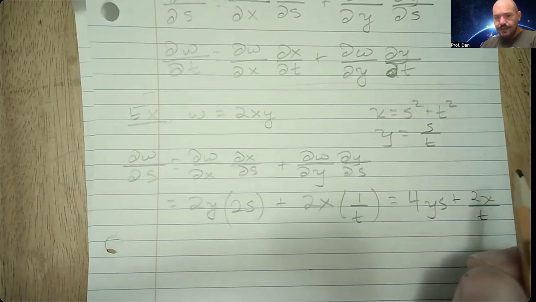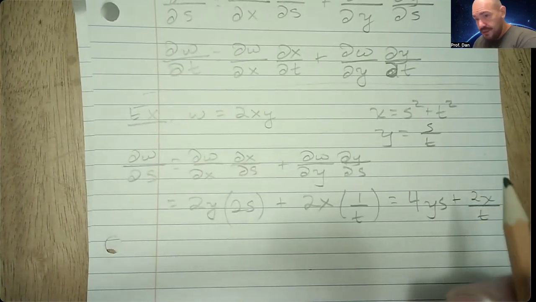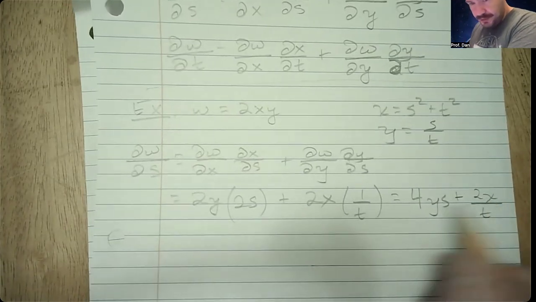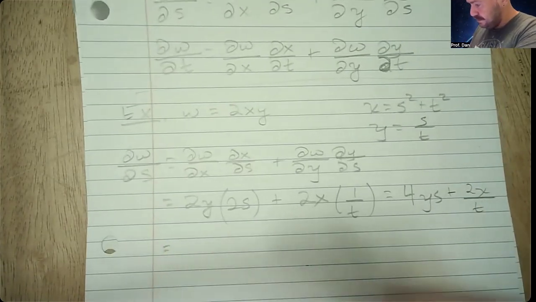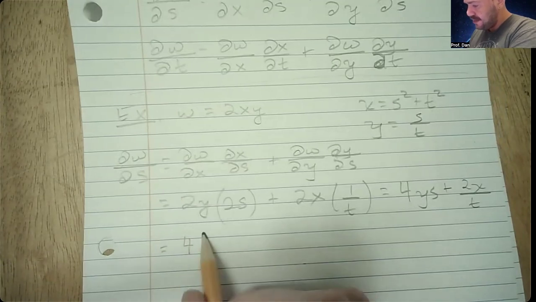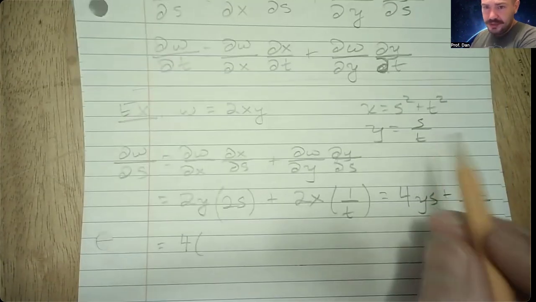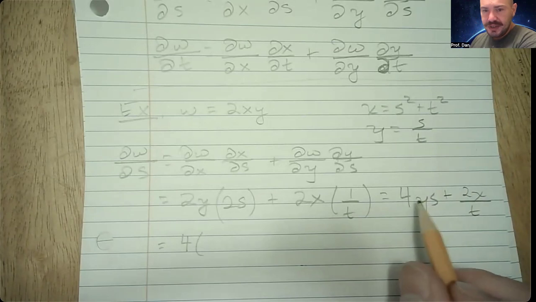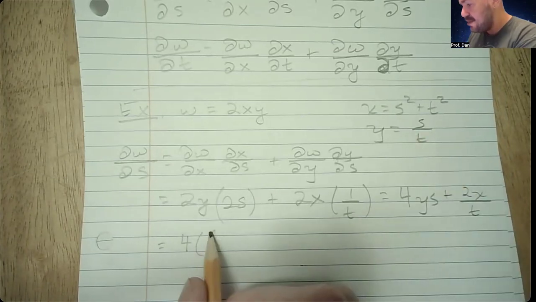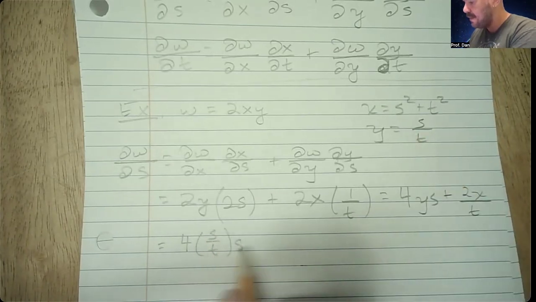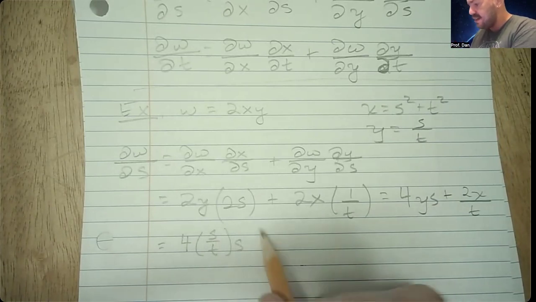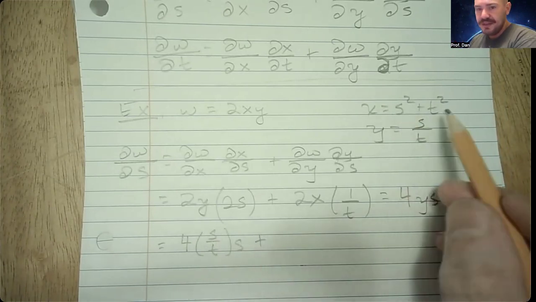We just want to get everything in terms of s and t only. So if I see my original variables hanging around, I can replace them using these definitions. So anywhere I see y, I can replace it with s over t. Anywhere that I see x, I can replace with this guy.